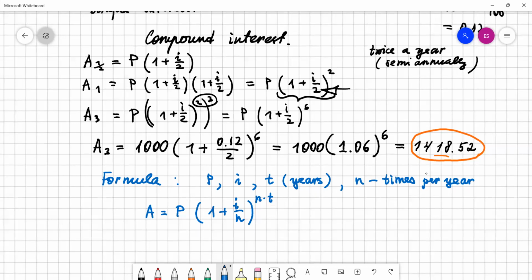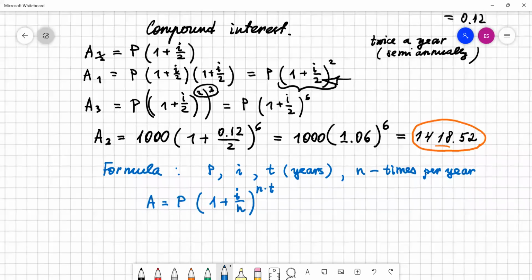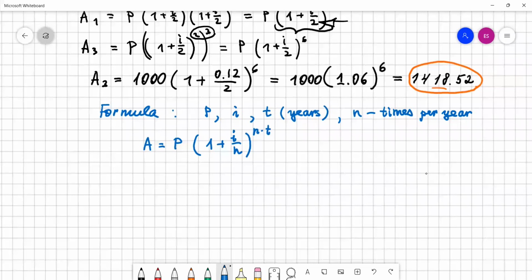Okay, so I think we can solve something. Let's try to solve something more realistic. I'm going to consider a problem. For example, P is going to be 2,000.